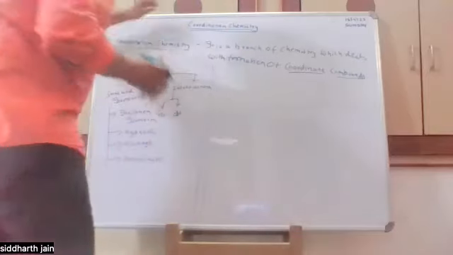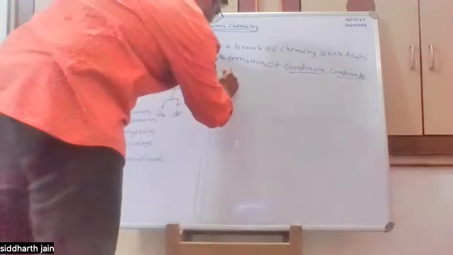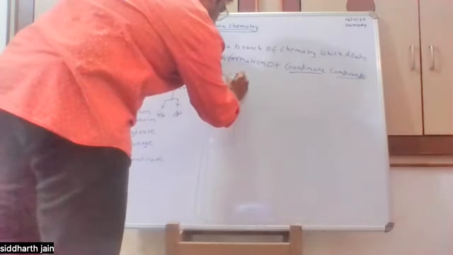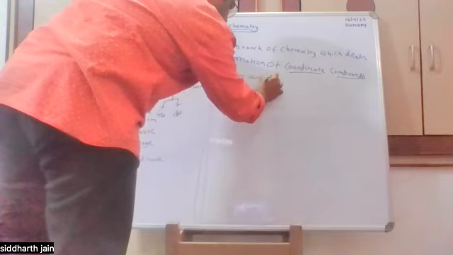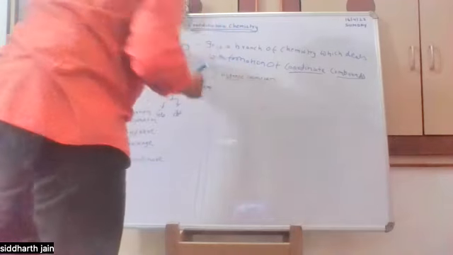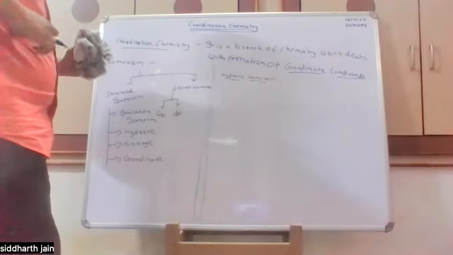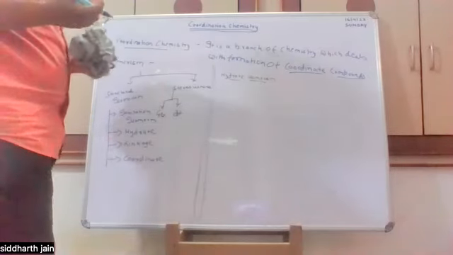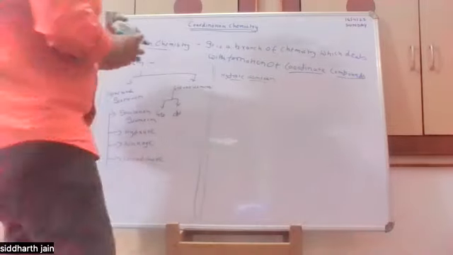Now the next isomerism is hydrate isomerism. What is meant by hydrate isomerism? Hydrate isomerism is usually seen in compounds which have a molecule of water, or molecules of hydration. So let's take an example.